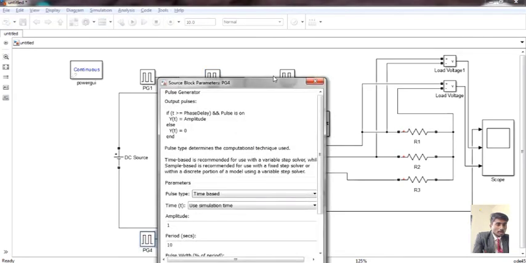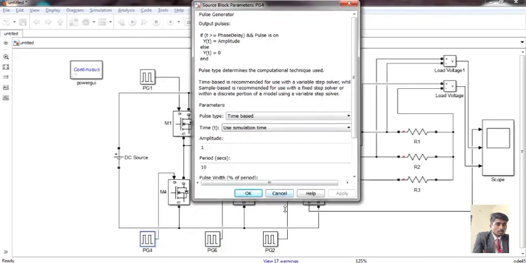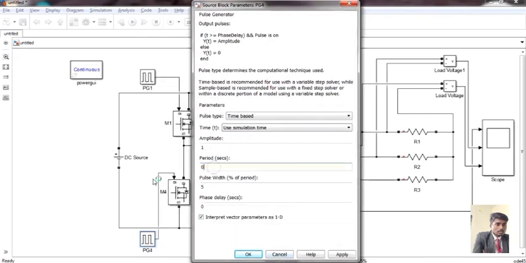Here it is connected to an R load, a 3-phase R load in this circuit. Now we will save the file on the PC to run this program.